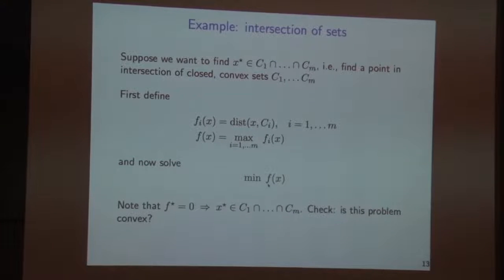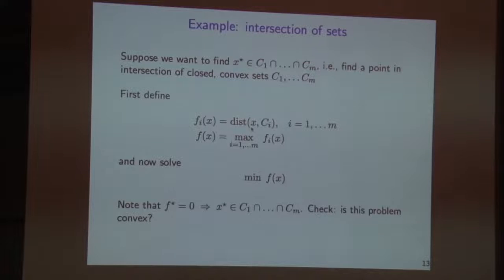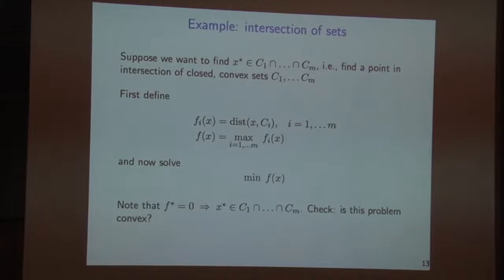Right? Because there should be some x that makes this maximum 0, which means that the distance between x and every set is 0, which means that x lies in every set. So it lies in their intersection. So this is a case in which, if we know that the sets have non-empty intersection, then we know the optimal criterion value. It should be 0.